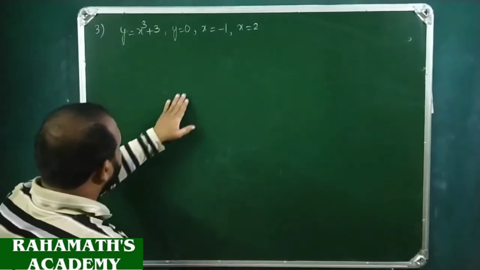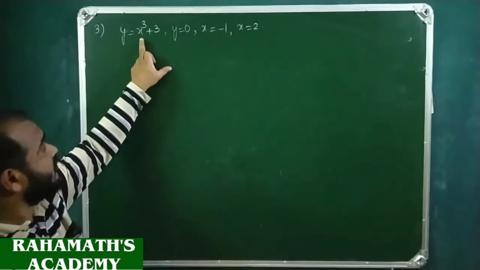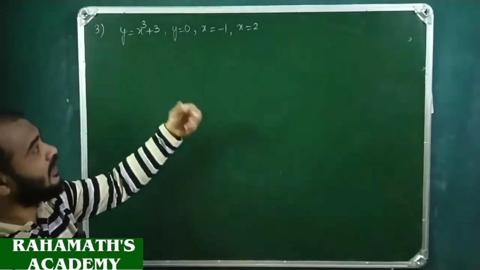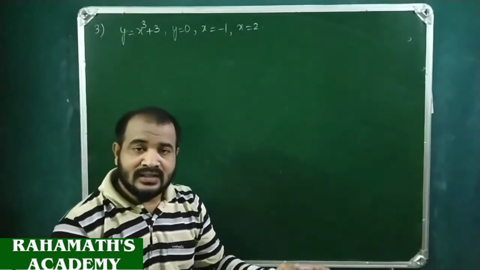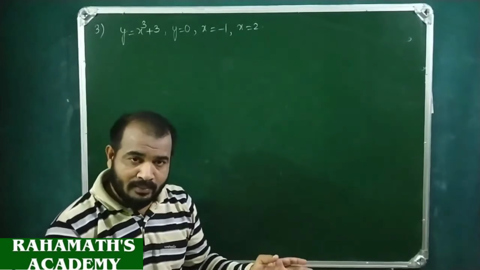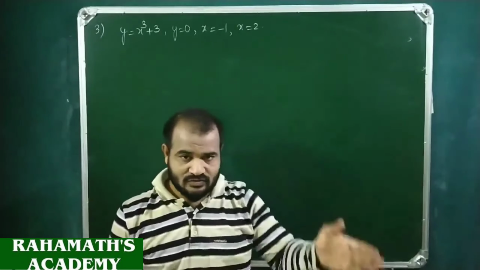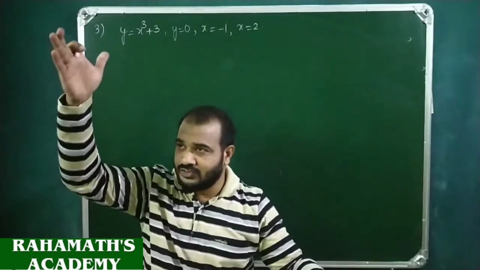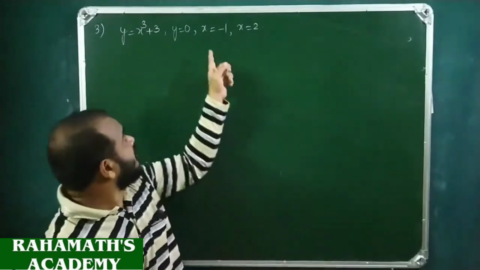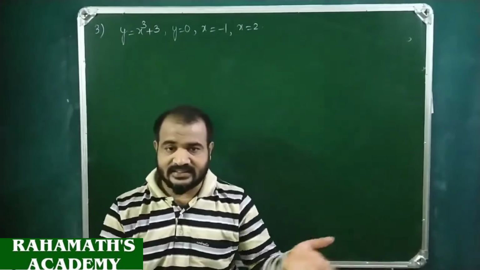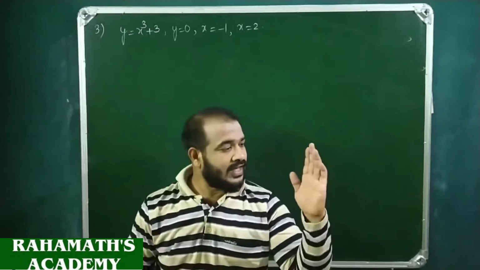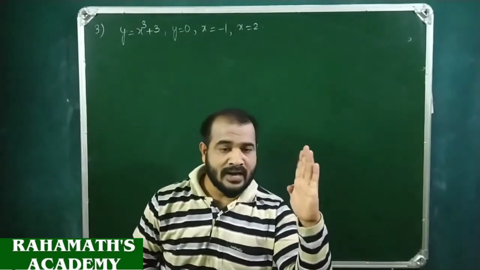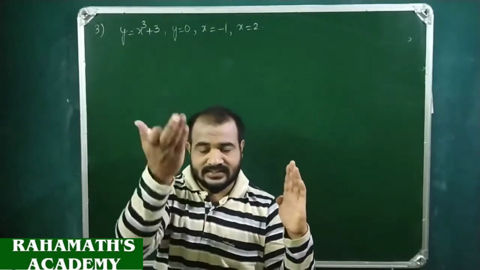I don't know the behavior of this, but actually here from minus 1 to 2, the area of the region bounded by the line x equals minus 1, the line x equals 2, y equals 0, the x-axis, and the curve.